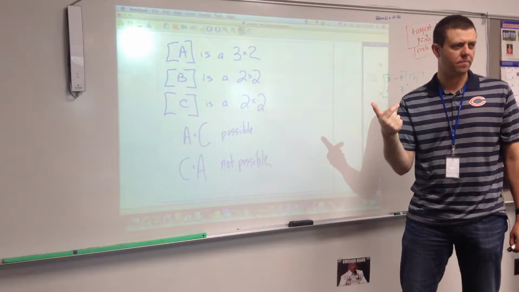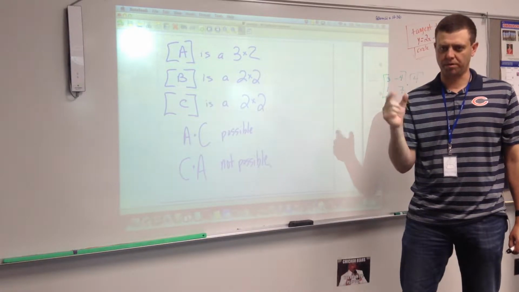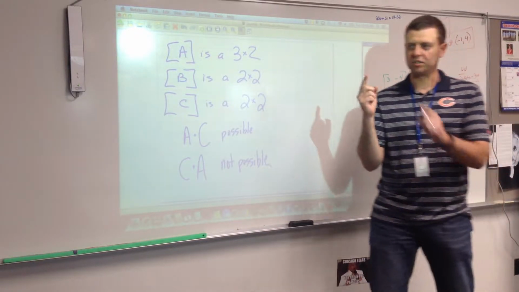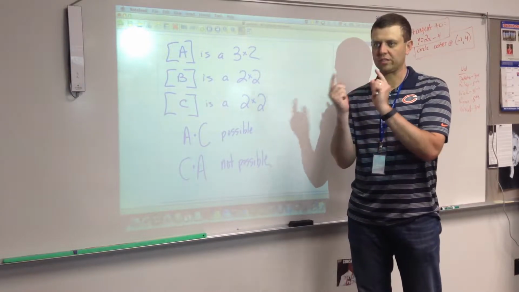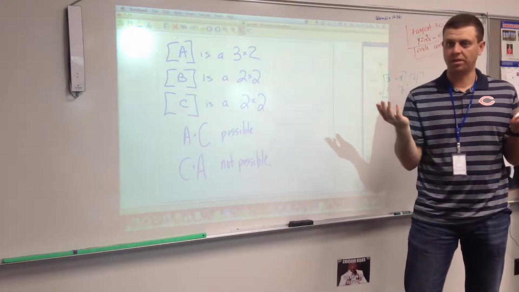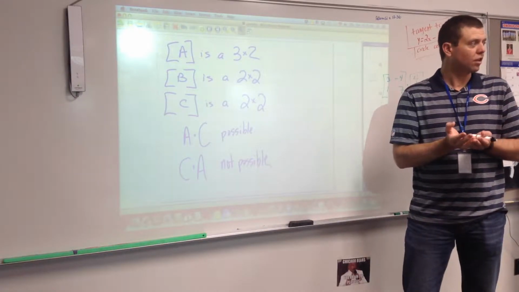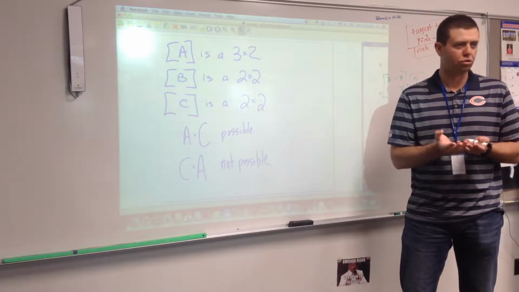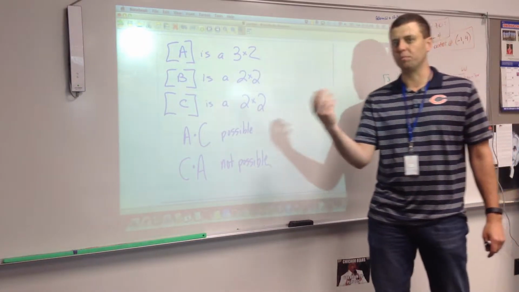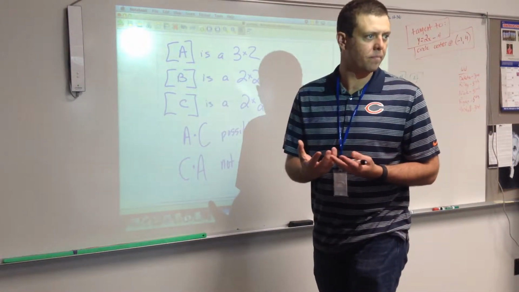Starts with a C. It's the commutative property, which basically says it doesn't matter the order you multiply things together, you're going to get the same answer. So real numbers have the commutative property hold true. A times B would equal B times A for any real number.